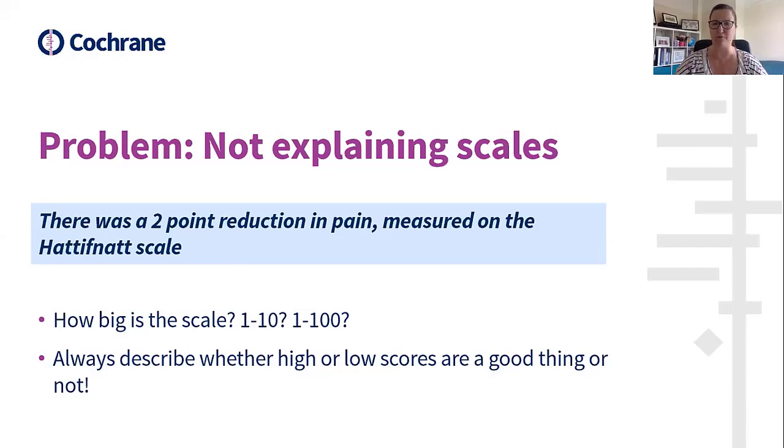Or could the scale go from 1 point to 100 points, in which case a 2-point reduction doesn't really seem to make that much of a difference. So if you're referring to scales when reporting results, you have to tell people a little bit about the scale, how big it is, and whether a high or a low score is a good thing or a bad thing.